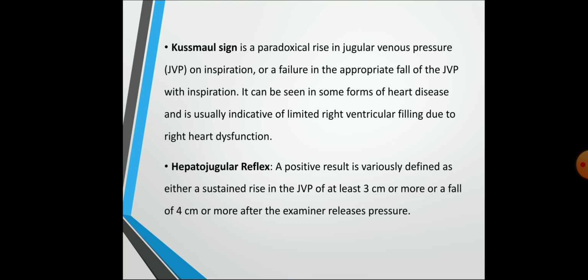Basically, a hepatojugular reflex is a sustained rise in JVP of at least 3 centimeters, which continues after the examiner releases pressure. If you put sustained pressure especially over the liver area, you can see a sustained increase in JVP. That is the hepatojugular reflex.